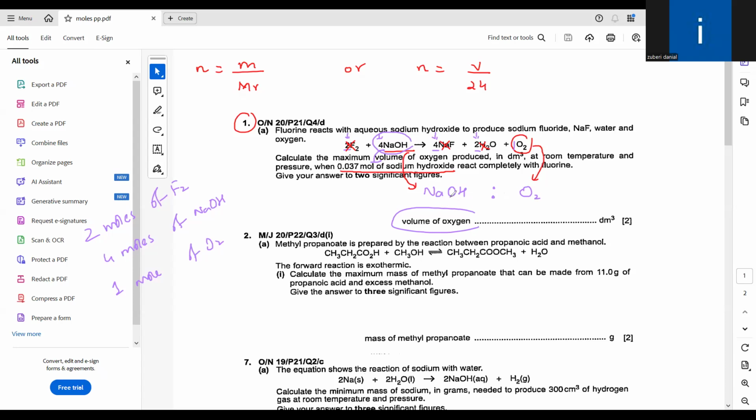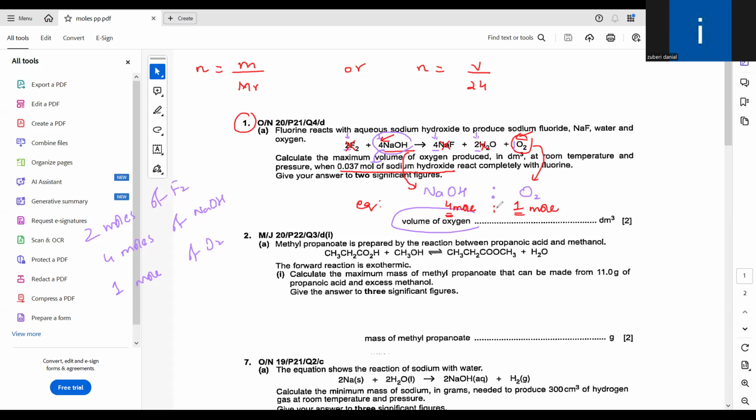Next, according to the equation we see here, we have 4 moles of NaOH reacting to produce 1 mole of oxygen. Do you get where this 4 came from and where this 1 came from? This is 4, that's 1. Do you guys get this? Yes, sir. That's nice.